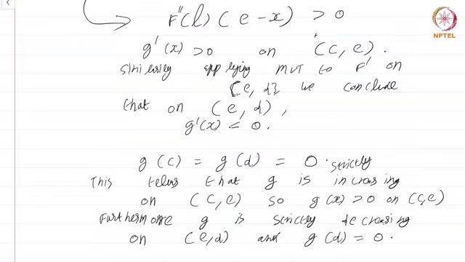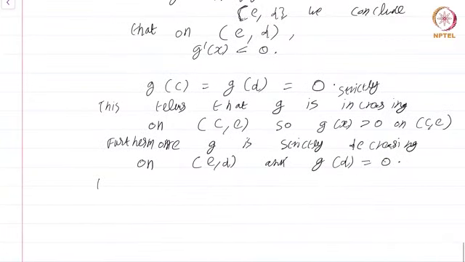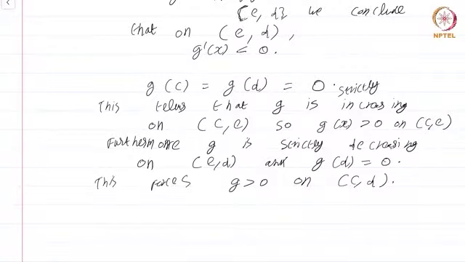This forces g to be greater than 0 on (c, d). Why is that? g(c) is 0. The function is increasing from c to E. So when it reaches E, it will obviously be strictly greater than 0.